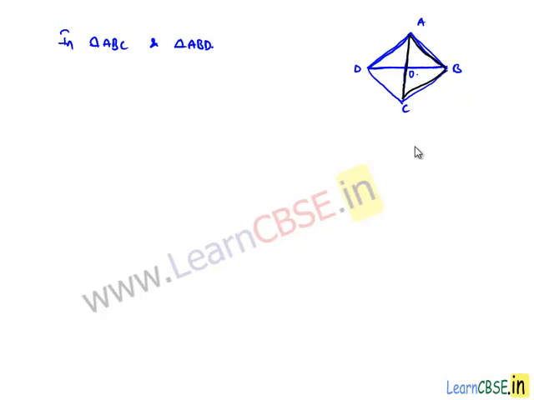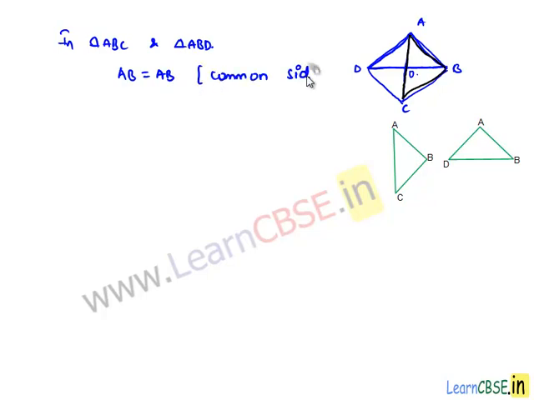In these both triangles, AB is equal to AB since it is a common side, and AC is equal to BD since he has given that the diagonals are equal, and also BC is equal to AD as we got that ABCD is a rhombus.